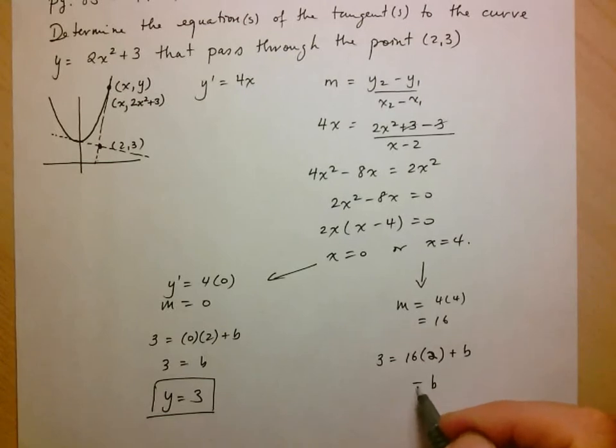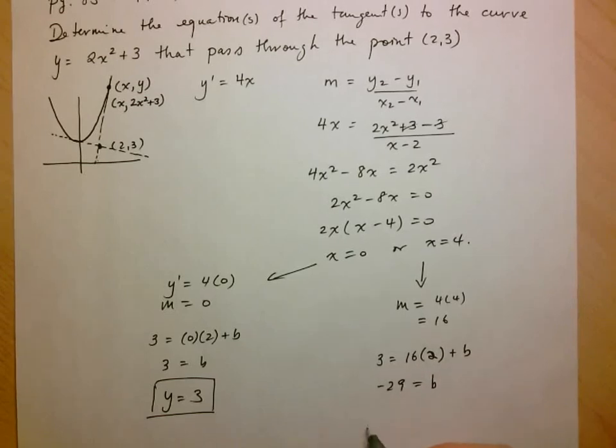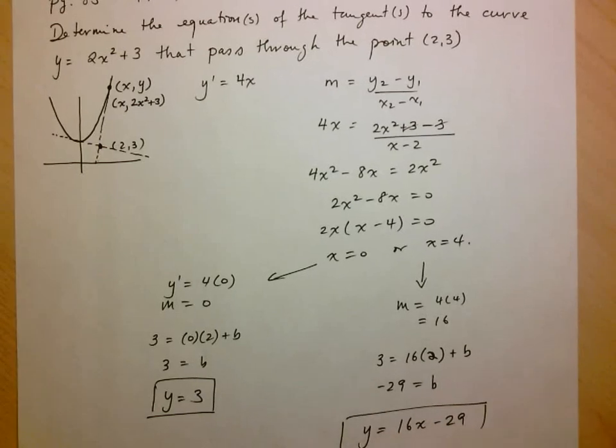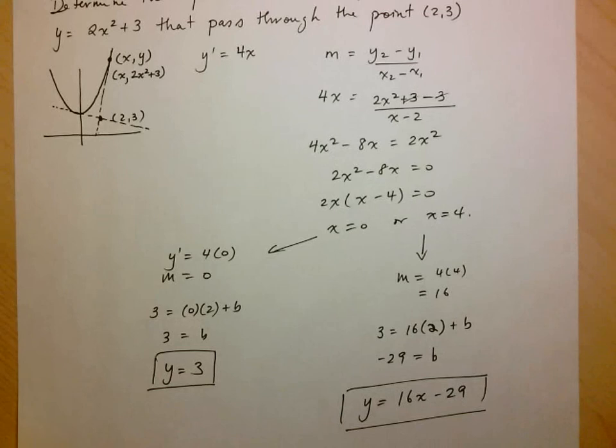So what do we have? b is equal to 3 minus 16 times 2, which is 32. So 3 minus 32 is negative 29. Okay, so the other equation is just y equals 16x minus 29. And there's our second equation.